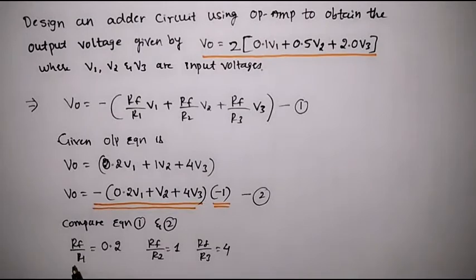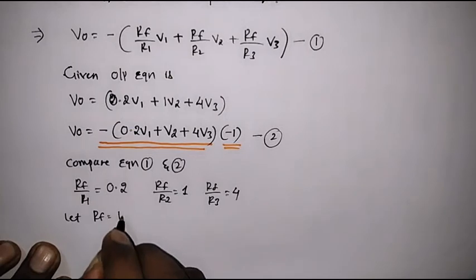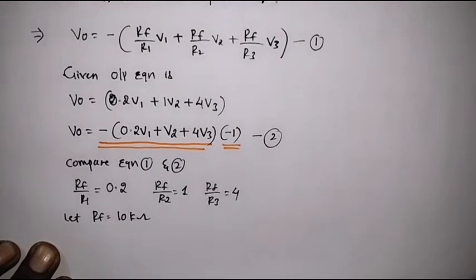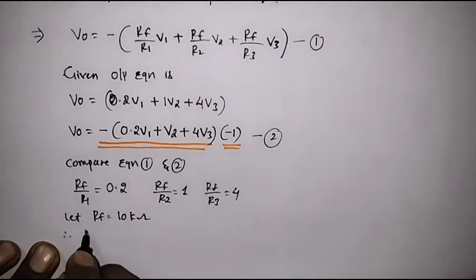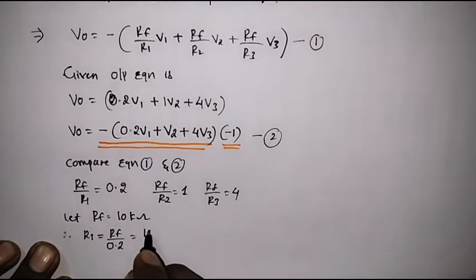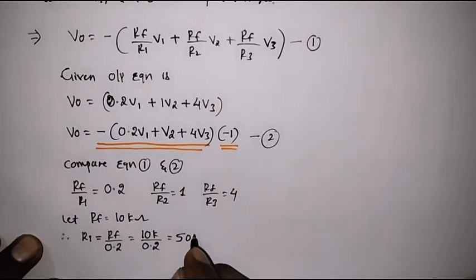Now to calculate R1, R2, R3 and RF values, we are supposed to assume the RF value. Let RF equal to 10 kilo ohm. Now therefore from this expression R1 is equal to RF by 0.2, which is equal to 10k divided by 0.2, which gives 50 kilo ohm.